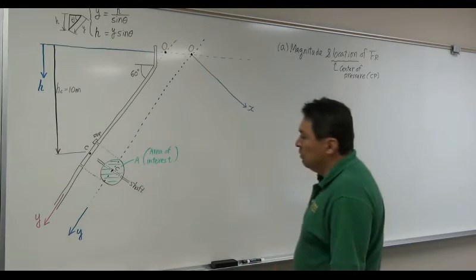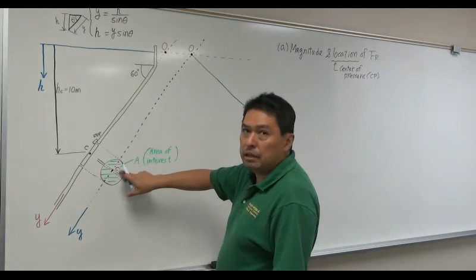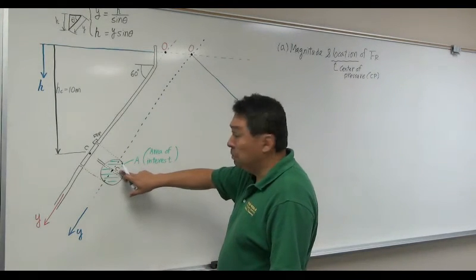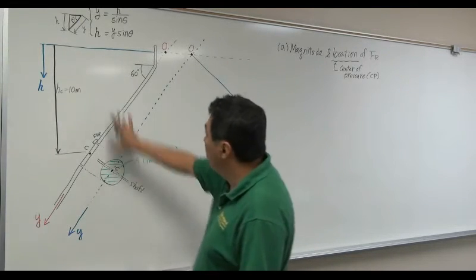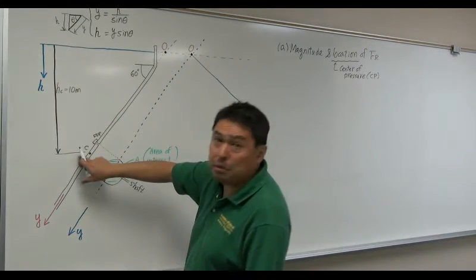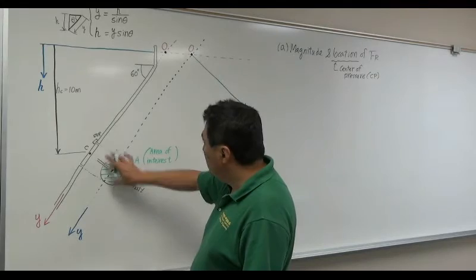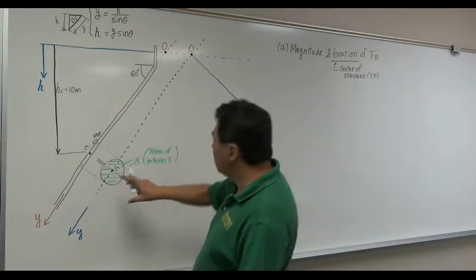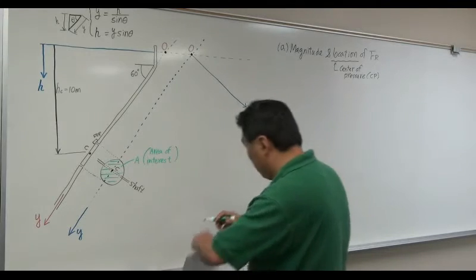Why do I call this the area of interest? Because this is the area you are interested in finding how much force is developed on, which is submerged under the water, with the centroid located at the 10-meter depth. If you have this kind of area submerged under the water, how much force is developed? That's what you're interested in. So this is called the area of interest.